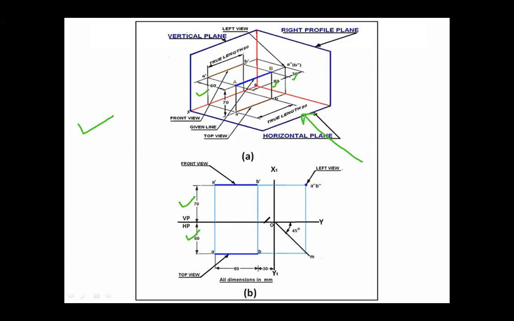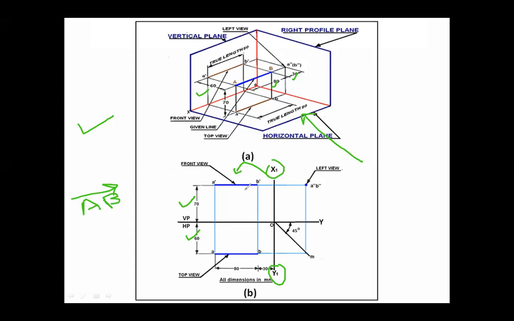See, one important point is that here the location of point B is given. And we generally go in this direction, A to B. So this line comes on the left side of this X1 Y1.